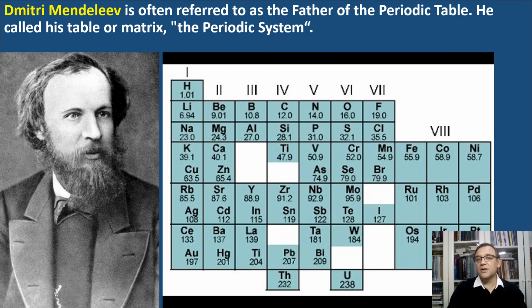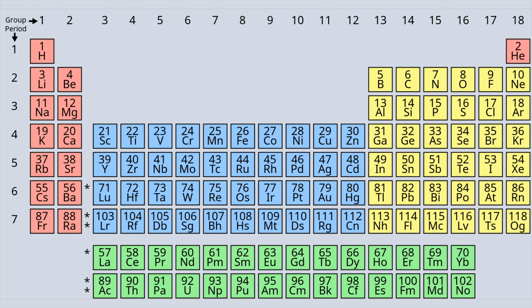Dmitri Mendeleev, a Russian scientist, created the periodic table by organizing elements according to their atomic numbers. At the time, some elements were unknown, and there were gaps in the table. However, Mendeleev predicted that these gaps would be filled as new elements were discovered, which later proved true. Yes, this has been proven true with the discovery of new elements.